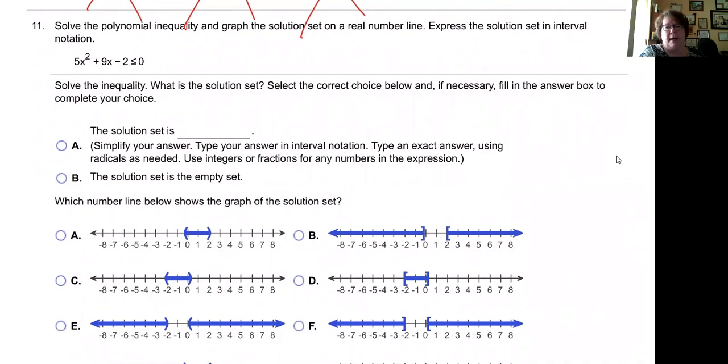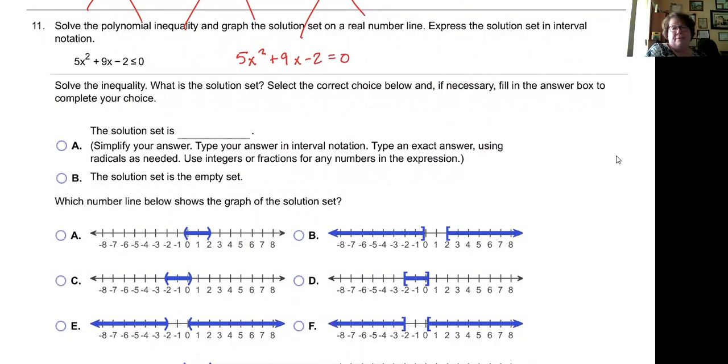And you find the boundary points of a polynomial inequality by setting the polynomial equal to 0 and solving the equation. So we take the 5x² plus 9x minus 2 and we set that equal to 0. And we solve that equation.